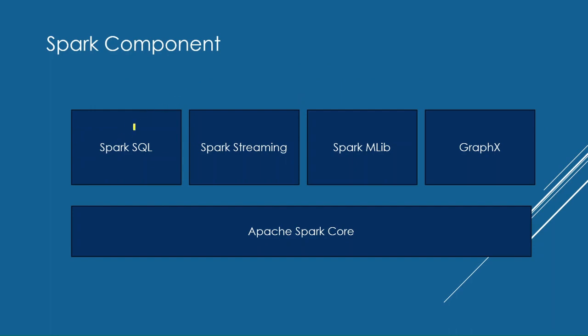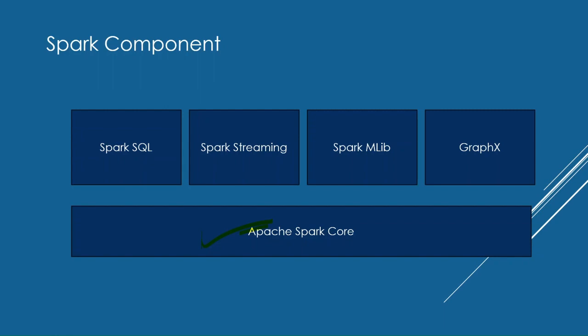So these are the components which are available in Spark. So this is the Apache Spark Core. So what is Apache Spark Core? It is the general execution engine of Spark. It is built as per requirements.